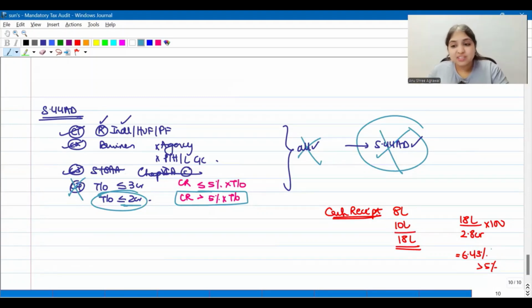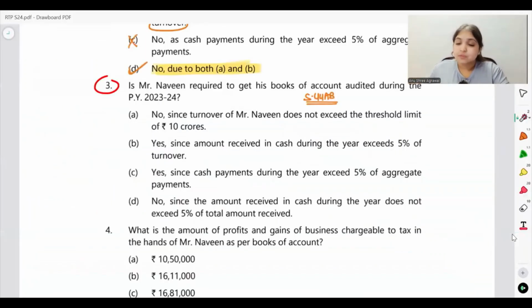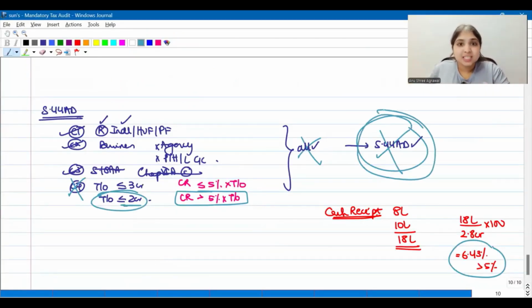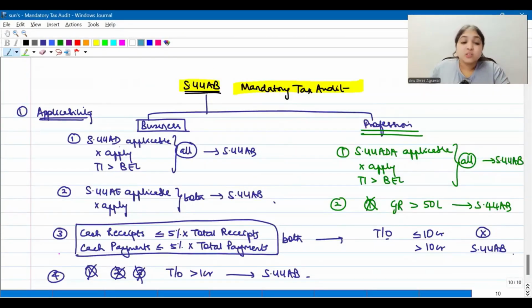So therefore cash receipt is more than 5%. This is also for MCQ3. So for MCQ3 also my answer is 44AD is not applicable. So is 44AD applicable but assessee doesn't want to apply? No. This situation is not applicable because we've already concluded 44AD is not applicable to the assessee.